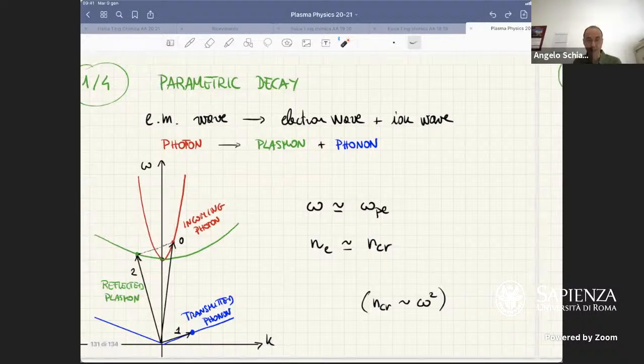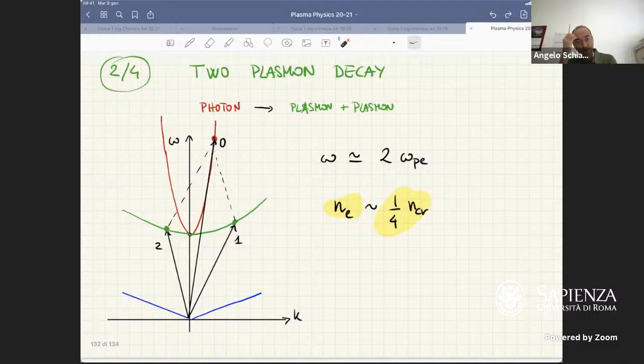Pay attention that our purpose is that of coupling energy to the plasma. What you see here is the energy carried by the photon, which is represented by the omega. Remember that the energy associated with the quantum of a wave is h bar omega.